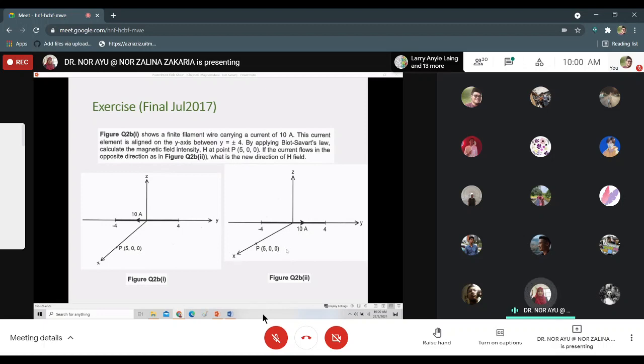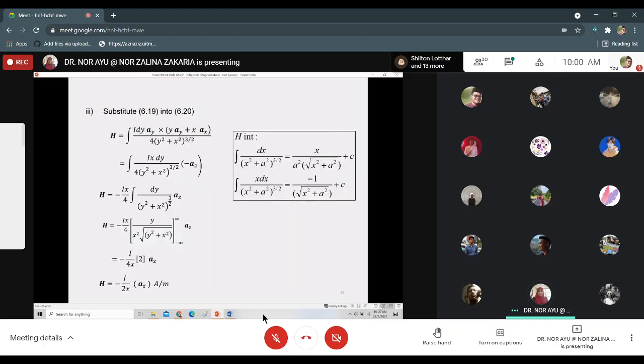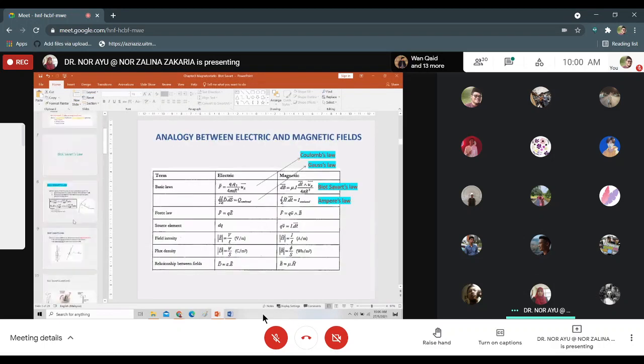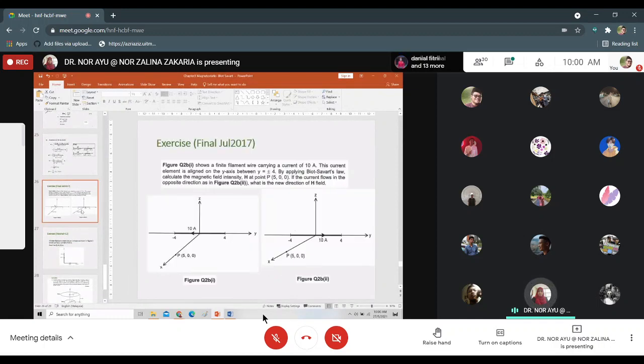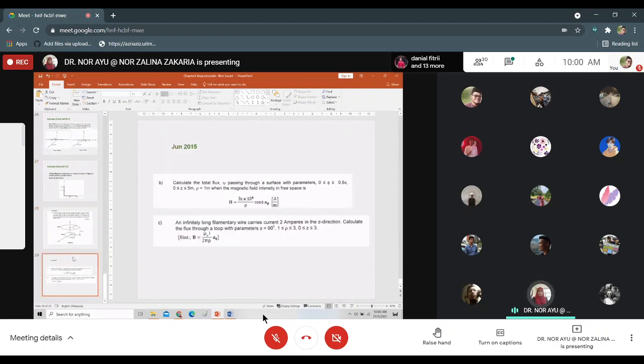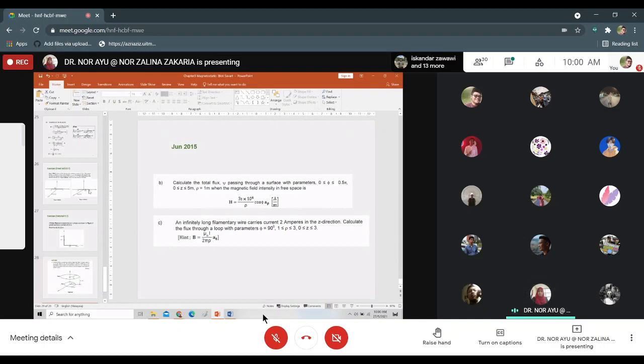Alright, so the next one. Okay, mana tadi? Okay, kita ada 1, 2, 3, 4. Okay, saya nak kamu buat semua ni. Okay, dekat dalam slide ni ada 4.